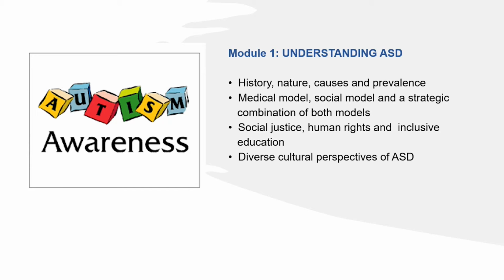So the social model is promoting social inclusion and inclusion in the long term in the world of work. So this is a strategic combination because we bring the 2 models of disability together and argue that they shouldn't be seen as completely separate.